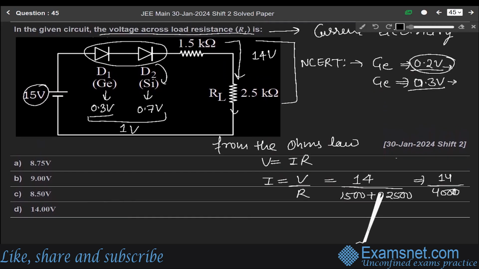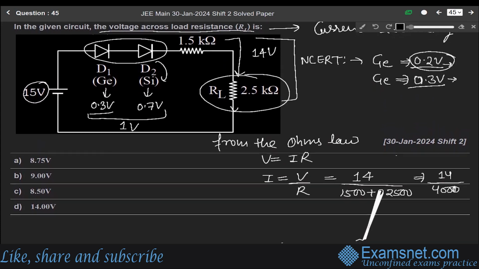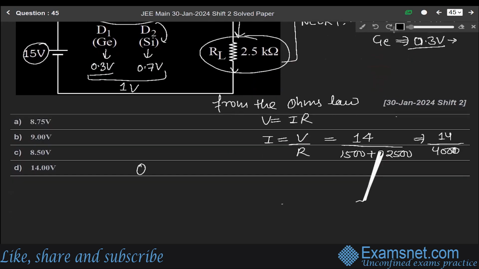The question is asking about the voltage across the load resistance RL. So the voltage across RL will be, again using Ohm's law, V equals IR. The current is 14 over 4000, and R is 2.5 kilo ohm, which means 2500.